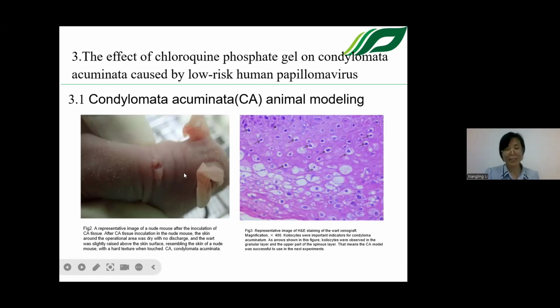After 14 days, we wanted to make sure if there were still some cells there, so we did HE staining to check. We found that koilocytes were observed in the skin. That means the CA model was successful and can be used in the formal test.